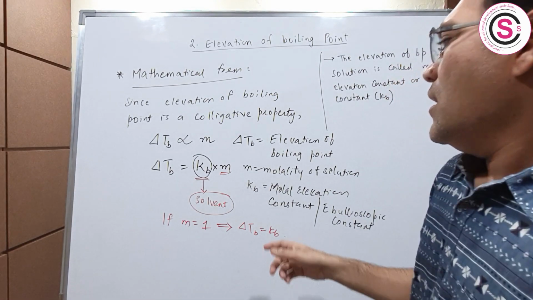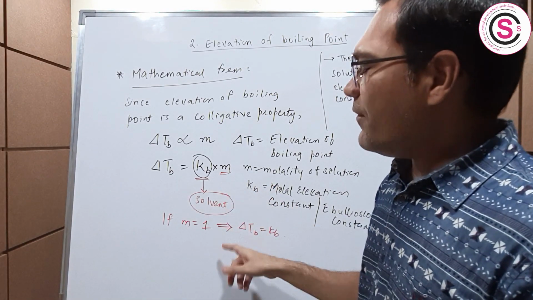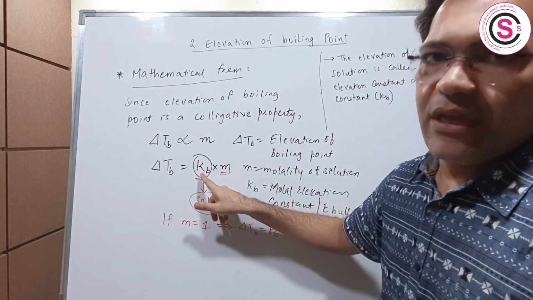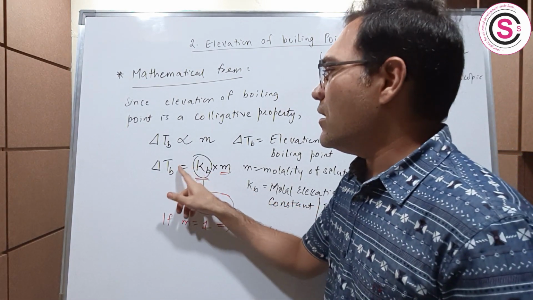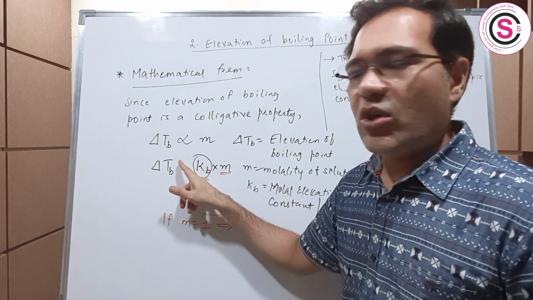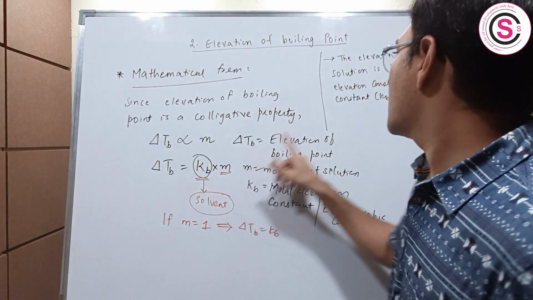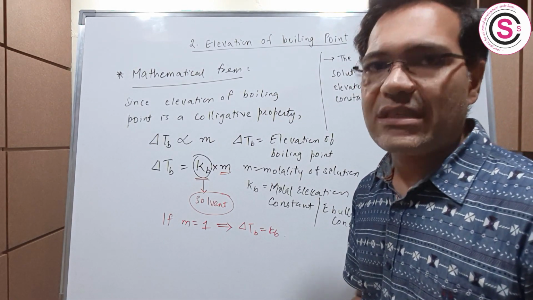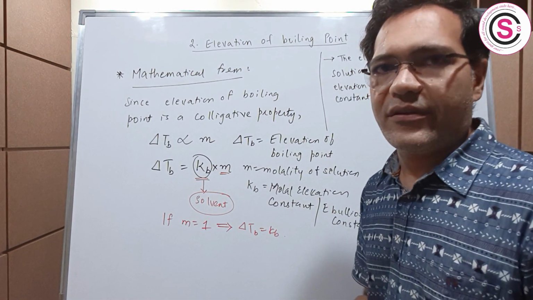Correct, students? So if I take 1 here, delta Tb equals Kb. So I can define it as the elevation of boiling point of 1 molar solution is known as what? Molar elevation constant or ebullioscopic constant.